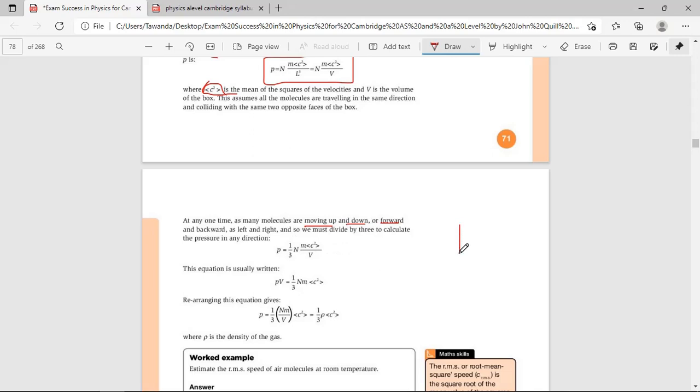We have this plane of moving downward or upward, we have this plane and also this plane. So maybe you can say this one is your x plane, this one is your y plane, and this one is your z plane. So that's why we are now dividing by 3. So that would be our pressure.